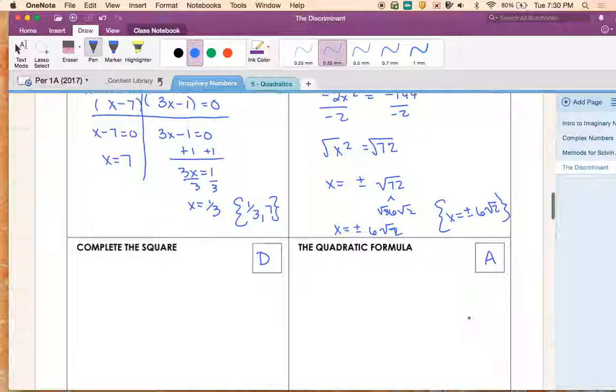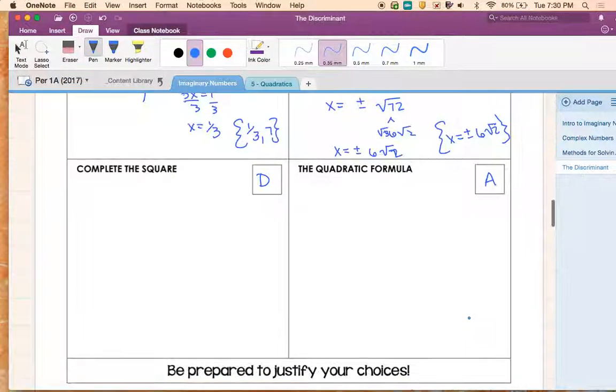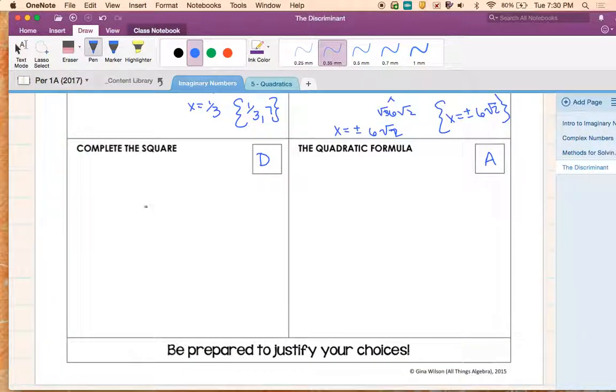All right, complete the square. I need you to complete the square like you did on the front. 4x squared plus 6x minus 15 equals 0. And you should get x is equal to negative 3 plus or minus 2 root 6.